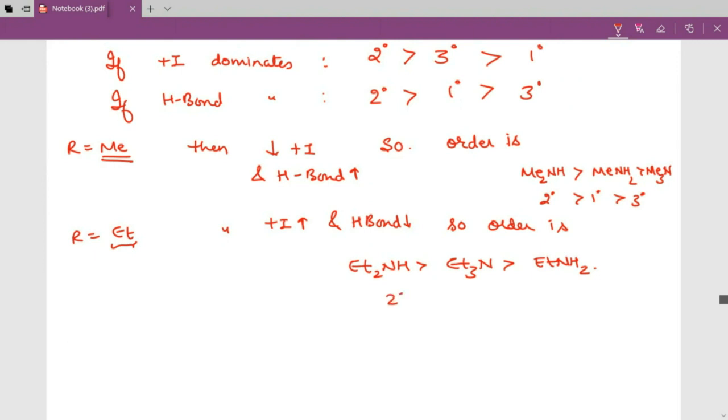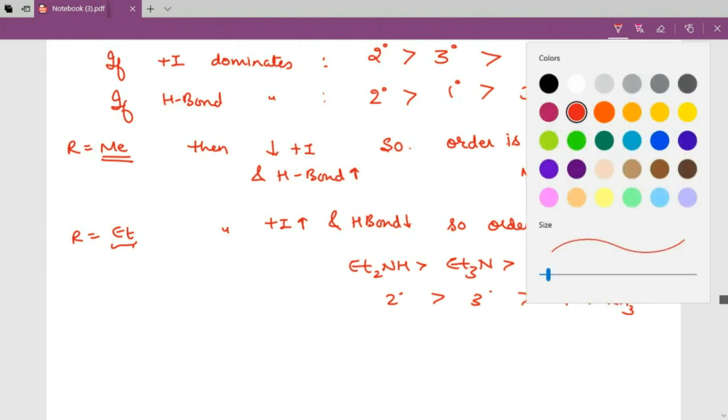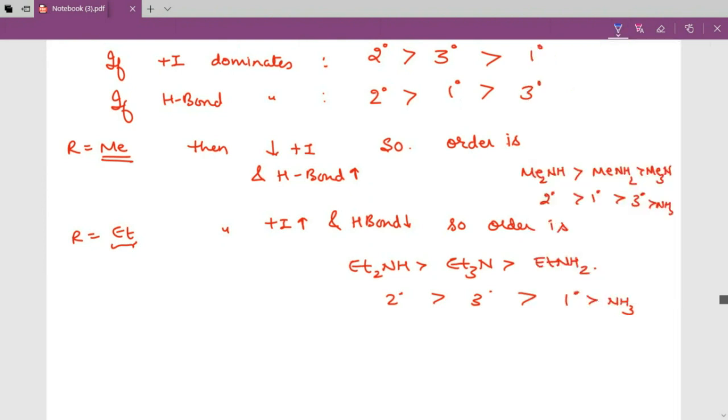I can say 2-degree, then 3-degree, then 1-degree. In all the cases, remember ammonia is the last. To memorize, what I would suggest, see, methyl is smaller, right? So 213, smaller value, 213. Ethyl is the bigger alkyl, bigger value, 231.